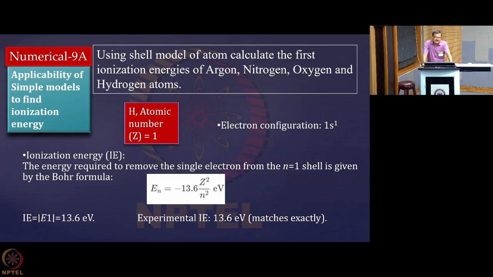Ionization energy is the energy required to remove the single electron from the n equal to 1 shell, and by the Bohr formula, the nth energy level is minus 13.6 Z squared by n squared. Here n is equal to 1 and Z is equal to 1.